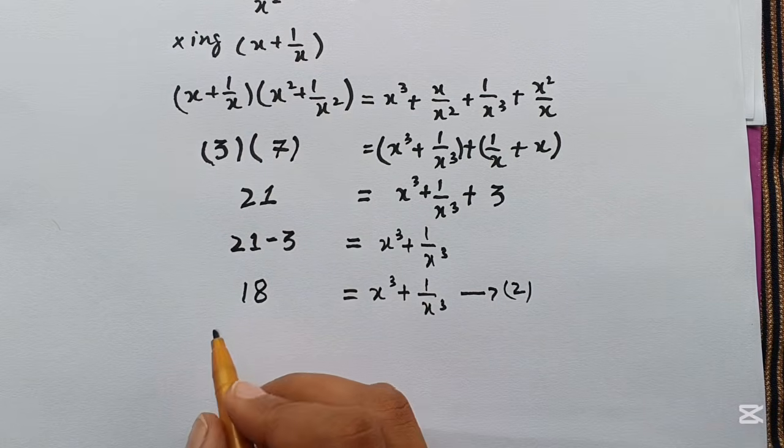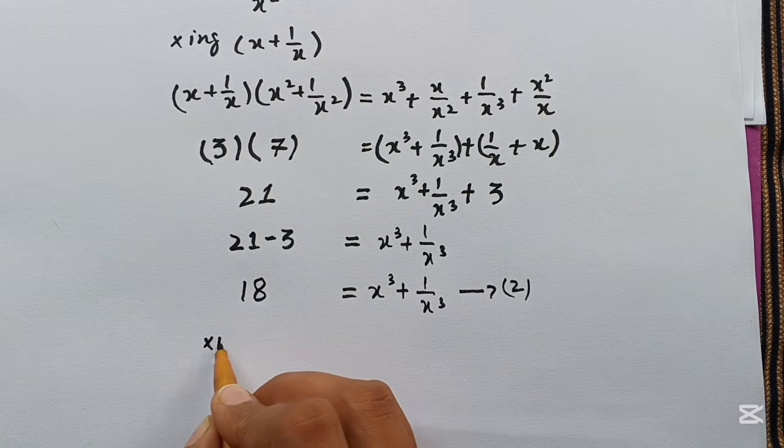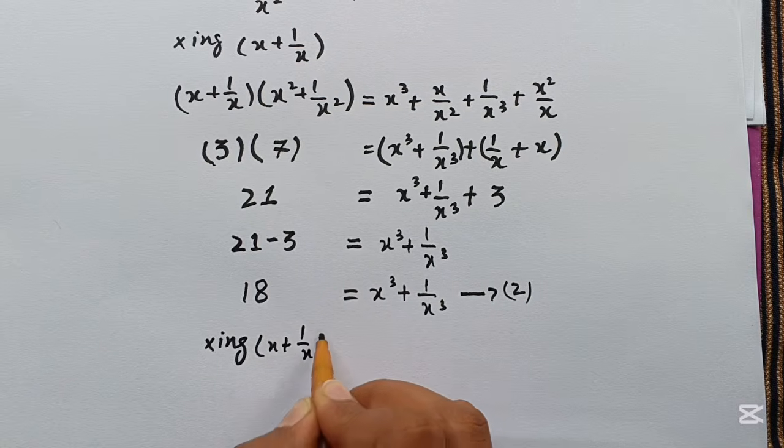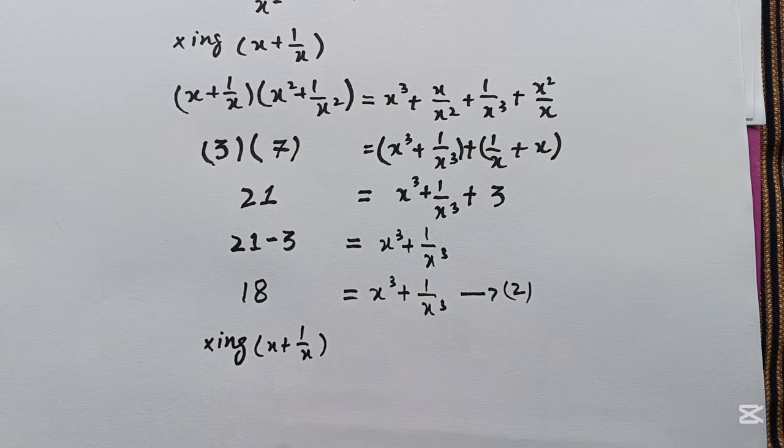Now second step is again multiplying x plus 1 over x with x cube plus 1 over x cube this way.